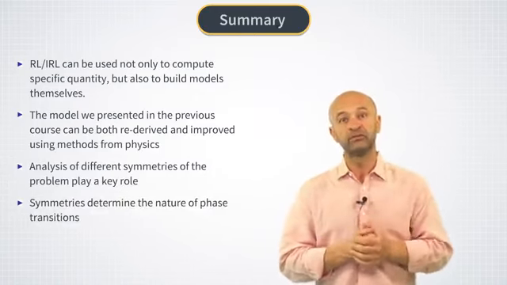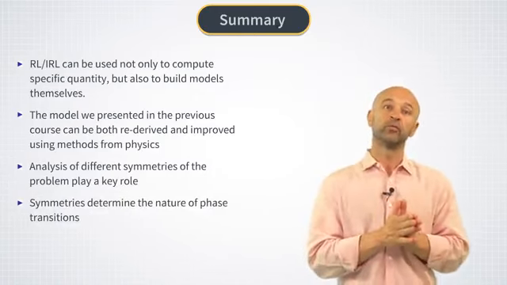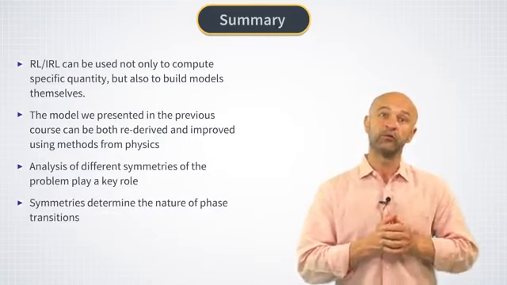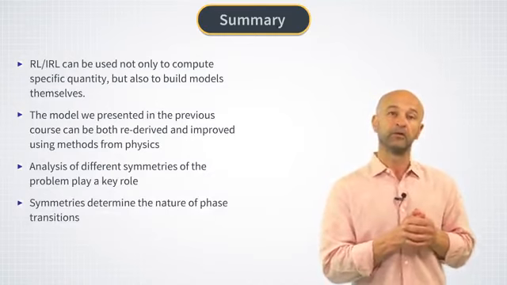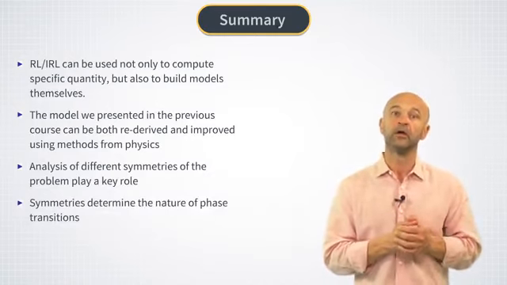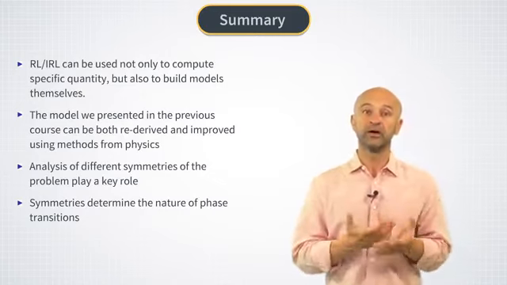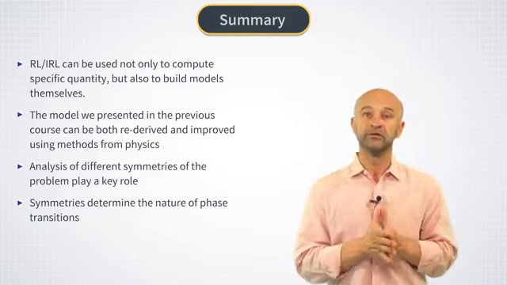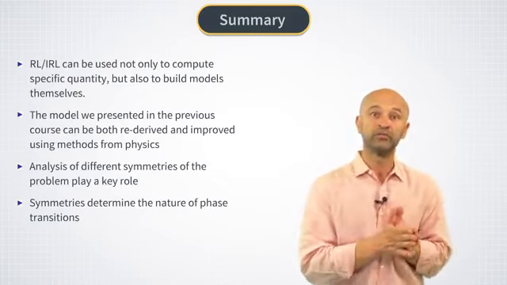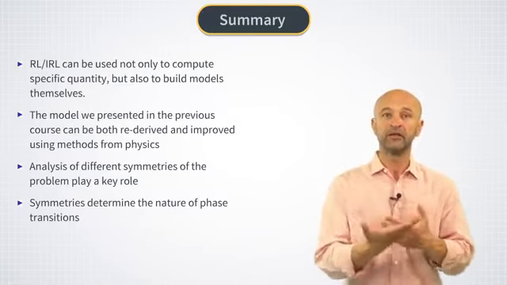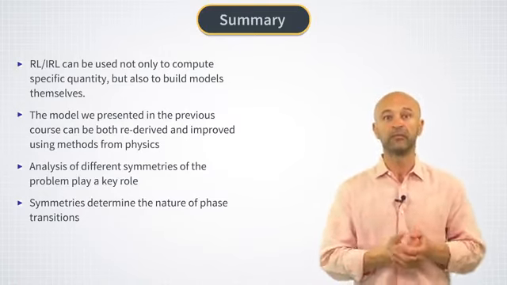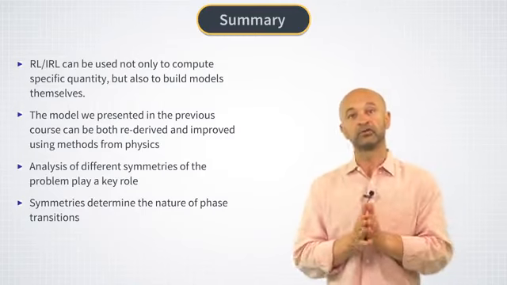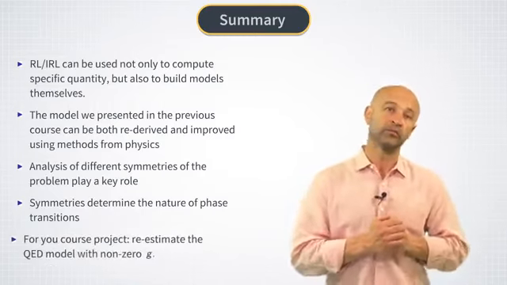In particular, symmetries play a major role in determining the character of phase transitions between different phases of matter. Here we use such analysis in a similar way to using priors in Bayesian statistics. This is something that is not directly in the data but should hold anyway based on some more general arguments.